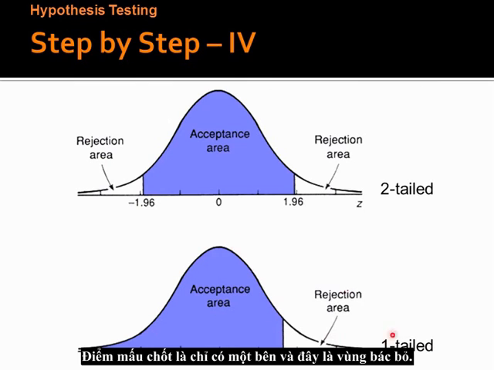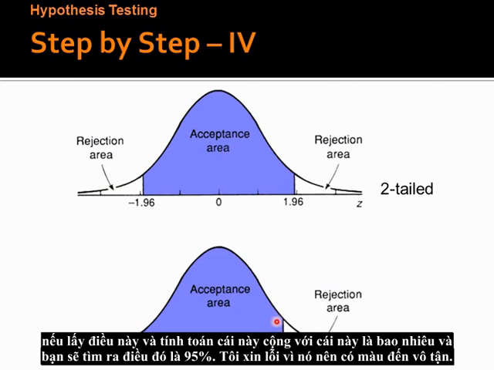Bottom line being there's only one tail this time, and this is the rejection area. Now notice the threshold that I'm aiming for now has changed. It's now 1.645. You can calculate inside your tables that if you take this and then you calculate what's this plus over this, you'll find out that yes, this is actually 95%.